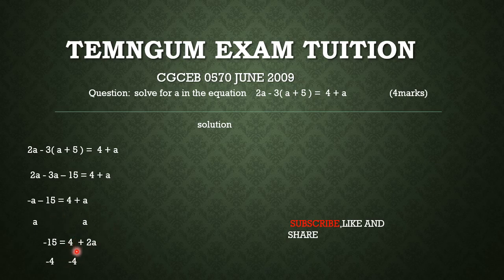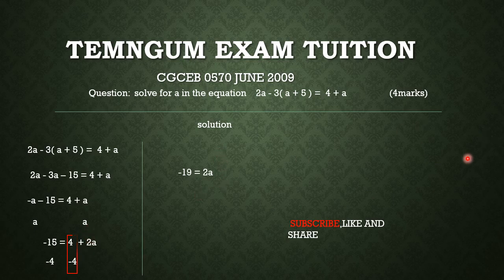I will simply add a quantity that has a sign opposite to 4, which is negative 4, so that when I add these two, it will disappear, right? So that is, we subtract basically 4 from both sides, and that will give me the result as follows: negative 19 equals 2a. The reason is that when you add 4 and negative 4, it will give 0. You'll be left with 2a on the right hand side, which is this.